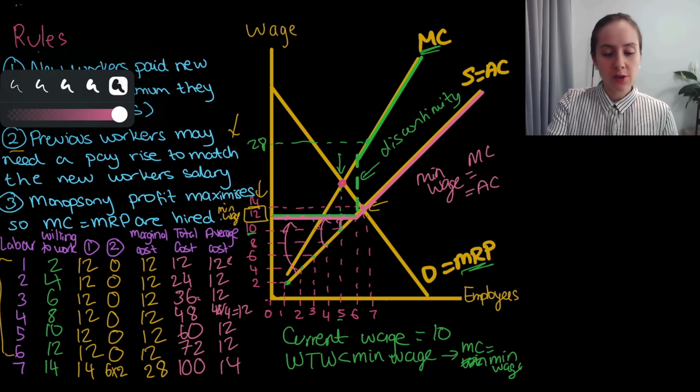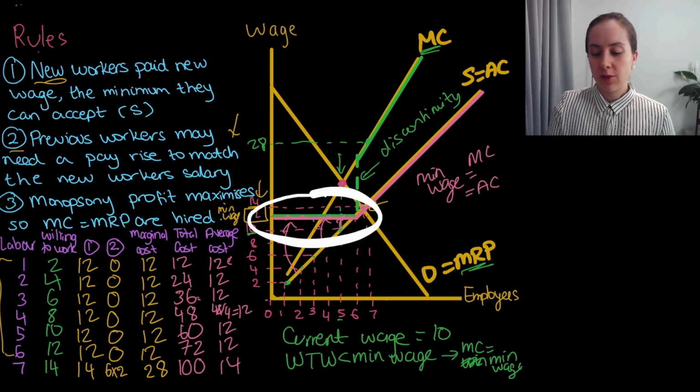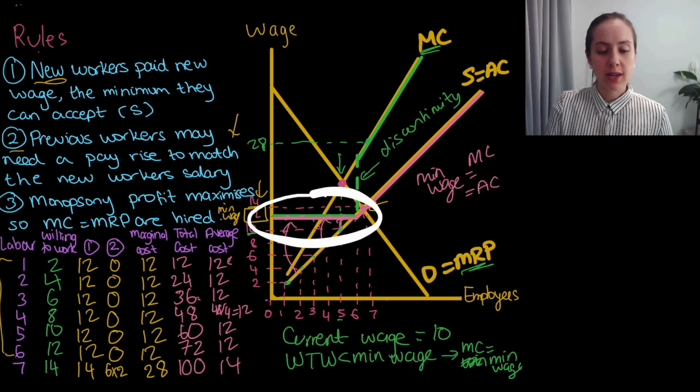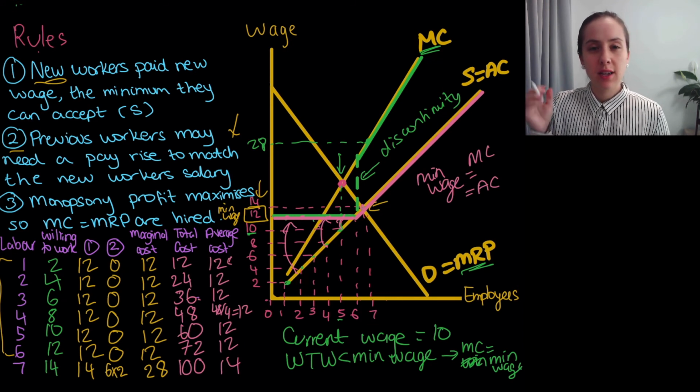So the conclusion is a minimum wage causes your supply and your MC to be at the minimum wage for all the workers who are willing to work at or below the minimum wage. And I hope you found that really useful.